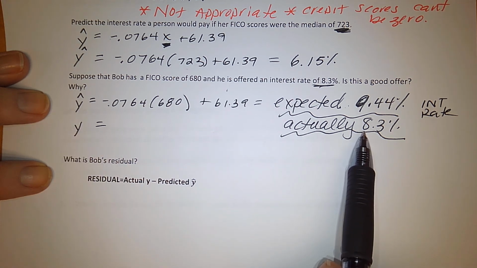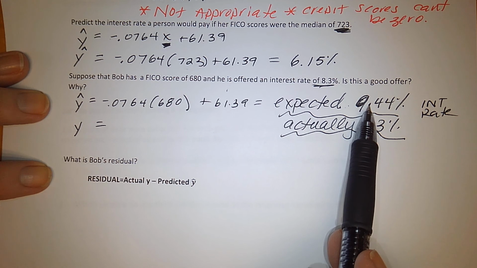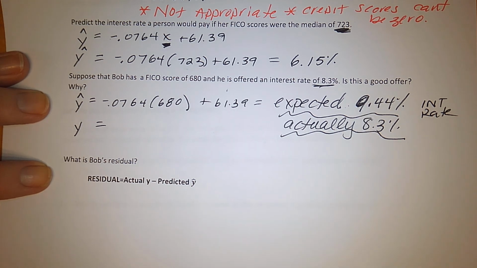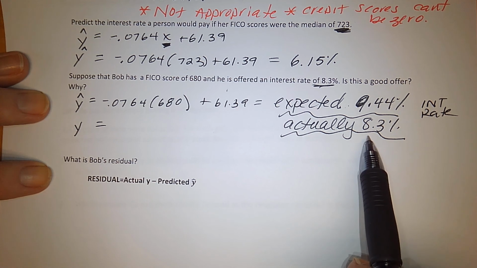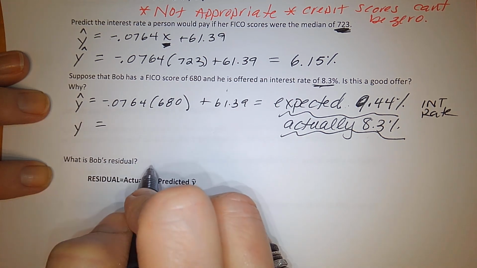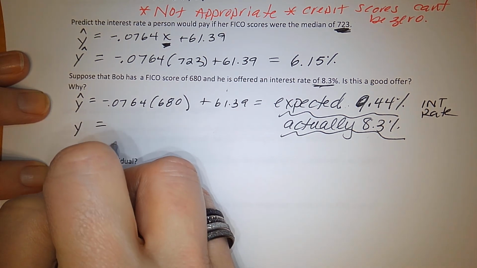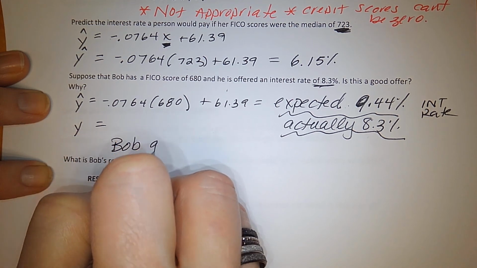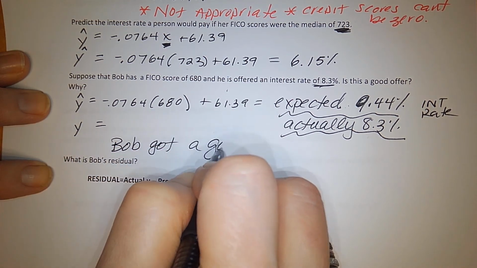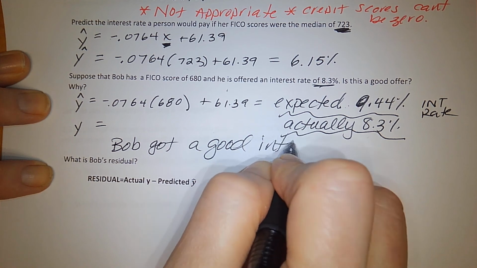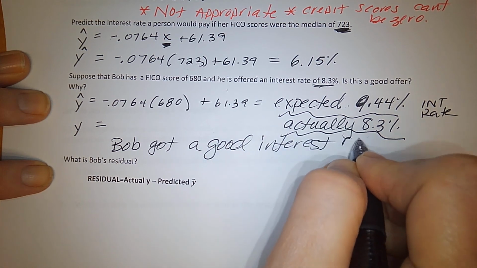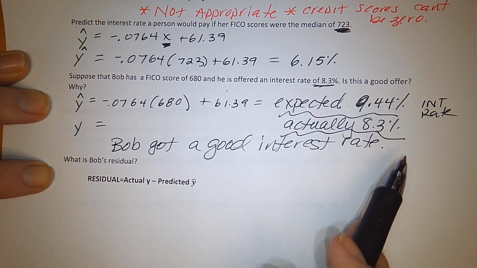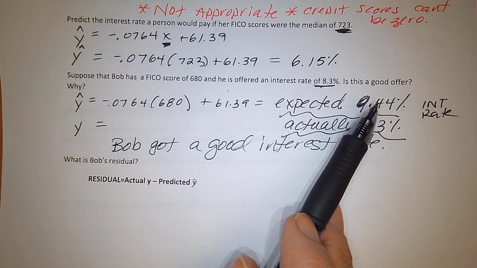And in this case, a low interest rate is better than a larger one, because remember, you want to pay low amounts of interest, not high amounts. So in this case, Bob actually got a good interest rate because he received a lower interest rate than what was predicted.